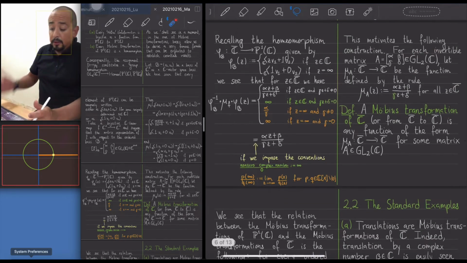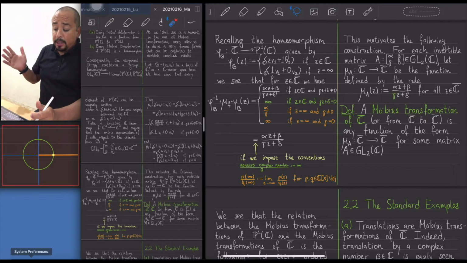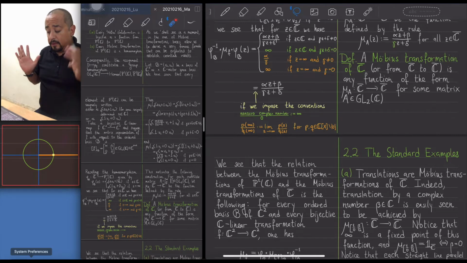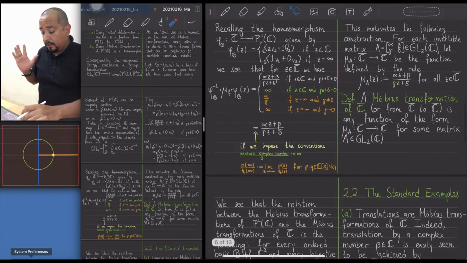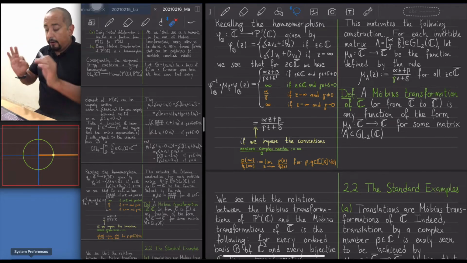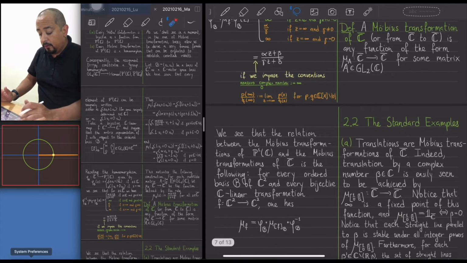Okay, so Möbius transformations of P1 are associated to linear maps. Möbius transformations of C bar are associated to matrices. And now let us write the relation between the two notions very rigidly, just to avoid confusions.